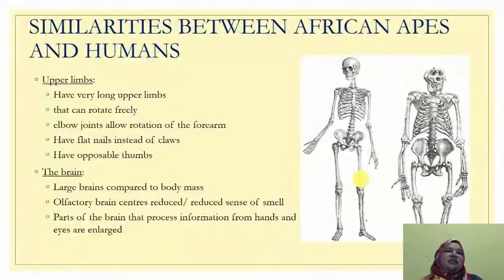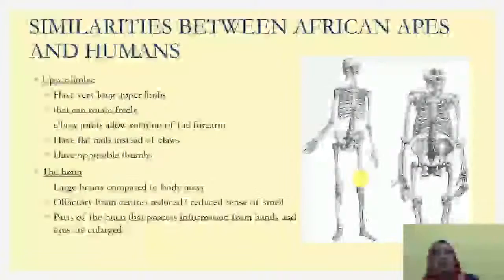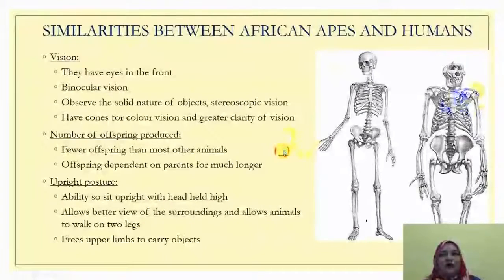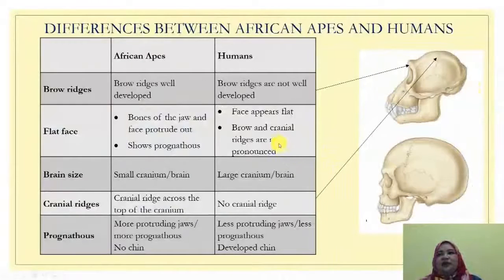There are certain similarities and differences that we share with our African ape counterparts, right? You will find this in your textbooks. I don't have time right now because it's almost 2:15, so I'm going to skip this, and you can look at upper limbs, opposable thumbs, your brain, vision, the number of offspring that we produce, the differences between African apes and humans.